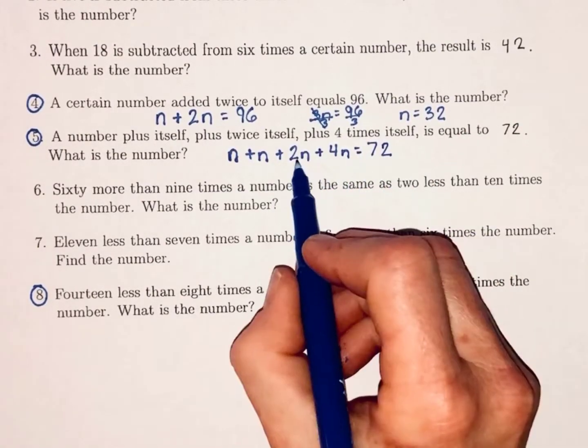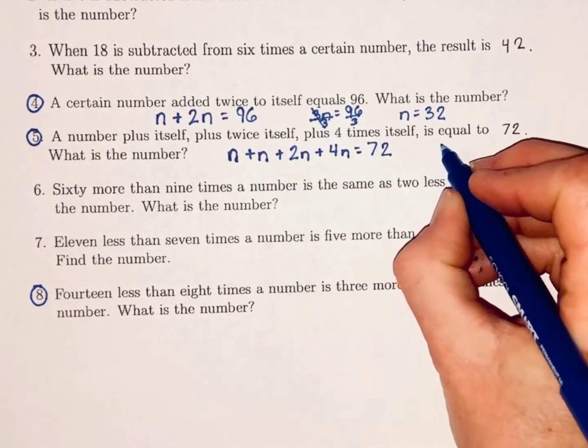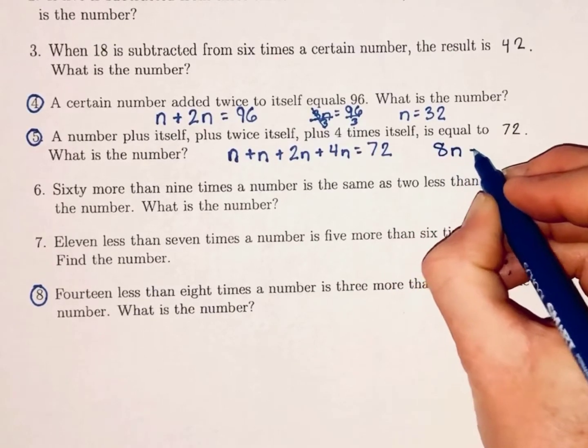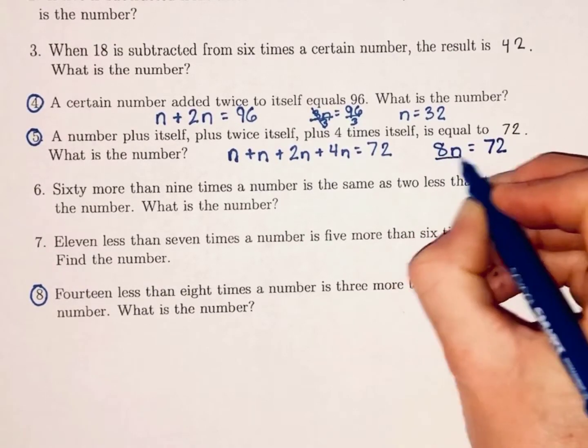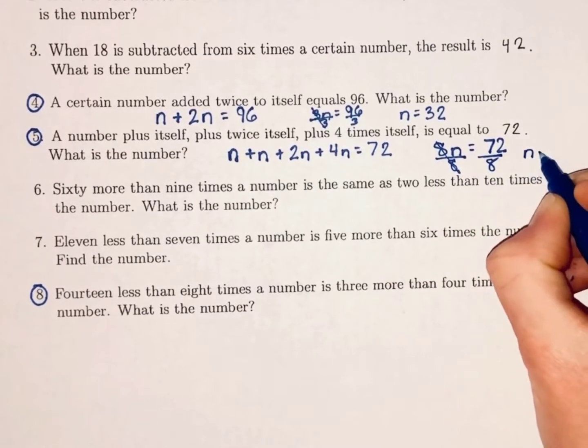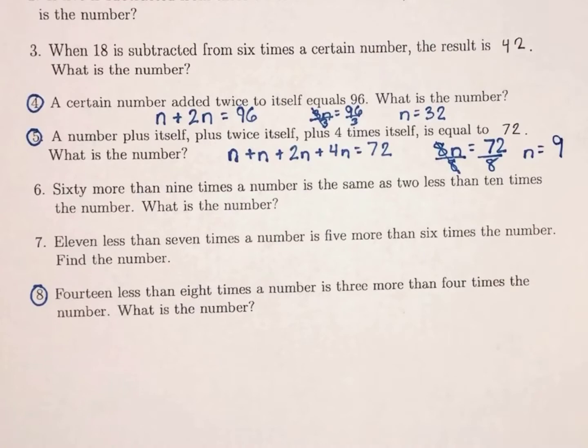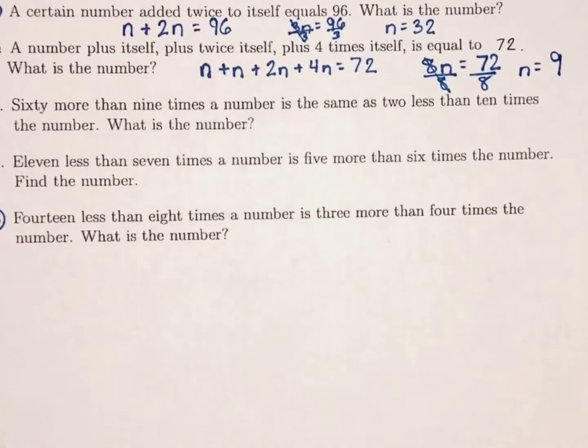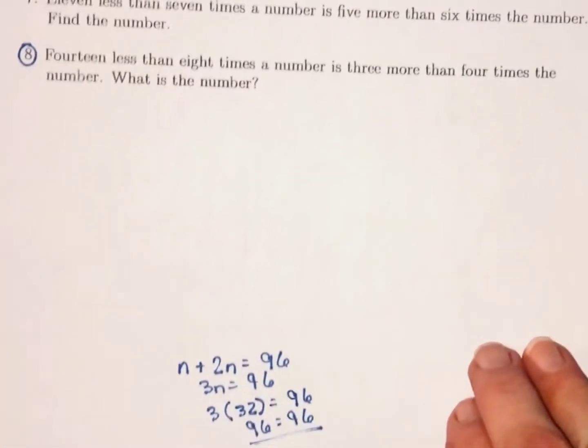So that's 4, 5, 6, 7. So that's 8 times a number equals 72. Divide both sides by 8. N equals 9. Ta-da!